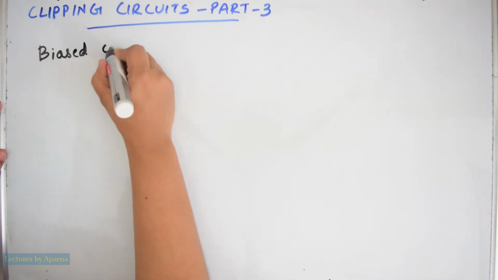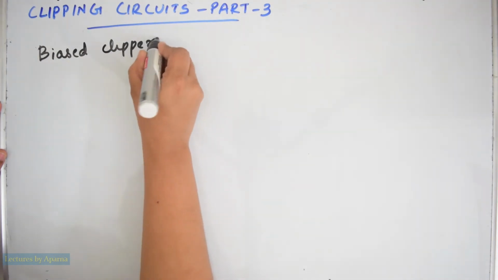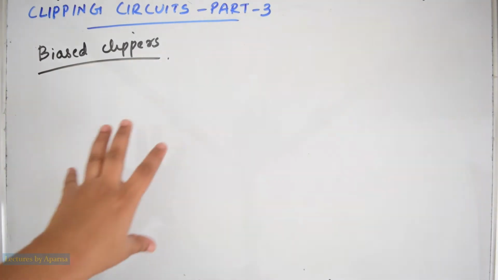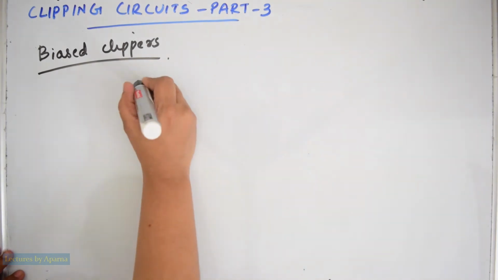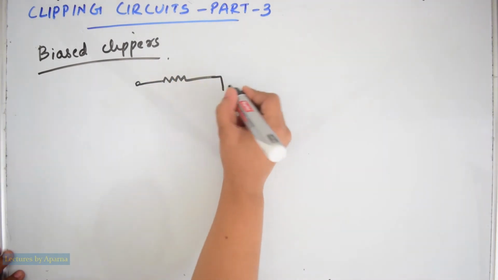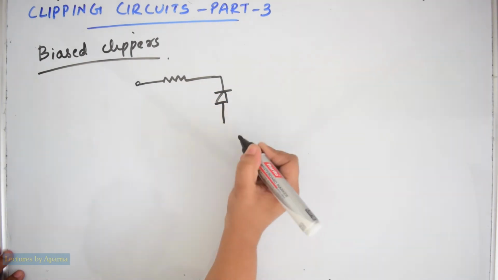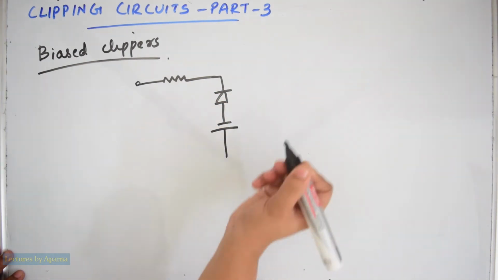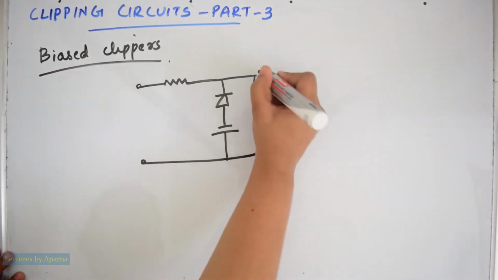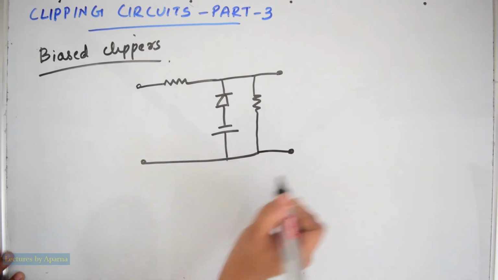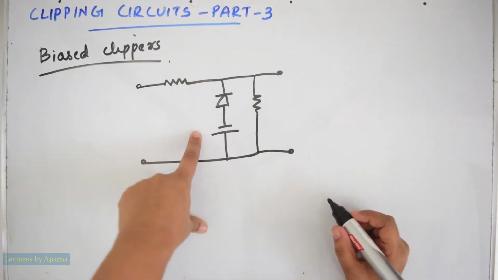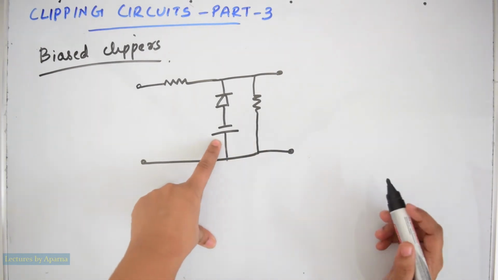Biased clippers. What do biased clippers do? So I'll draw the circuit here. There will be resistance, diode and a battery. So this circuit is actually a shunt clipper, negative shunt clipper with an extra battery connected to it.